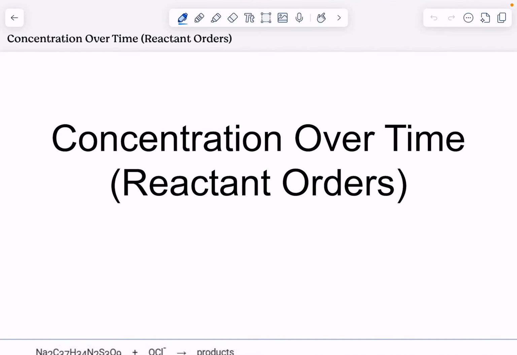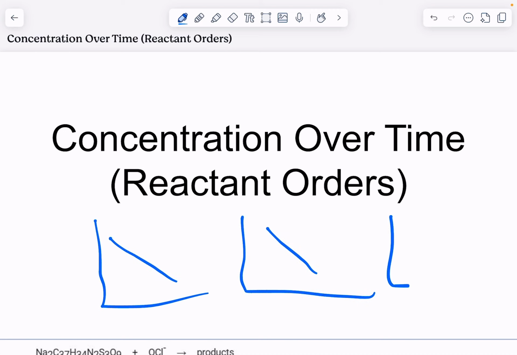All right, guys, in this video, we're going to be looking at concentration over time. This is talking about reactant orders, identifying what the reactant order is. And before we even get started, remember, it's all about finding the linear graph. If the linear graph is just the concentration of whatever it is, and it's linear, then it's 0th order.